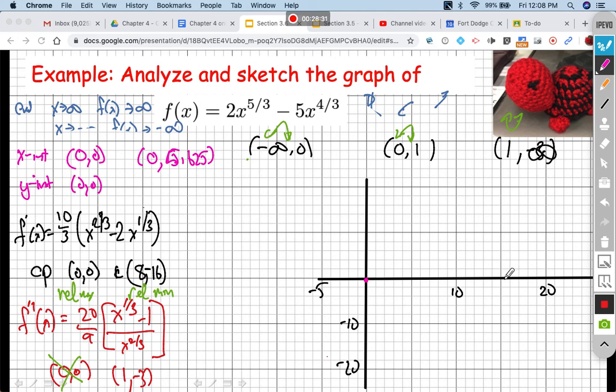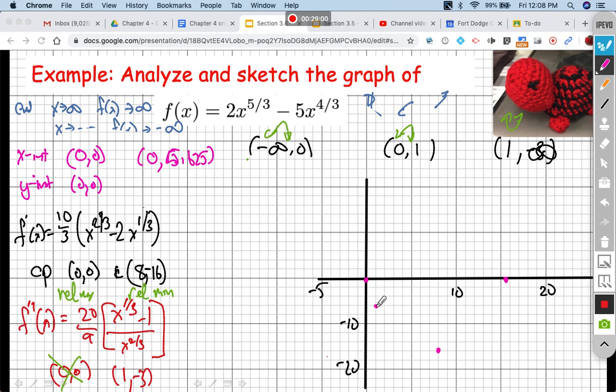I know I'm at the point 15.625, 0. I know at 0, 0 I'm a relative max. At 8, negative 16, I'm at a relative min. I know at 1, negative 3, I have an inflection point.